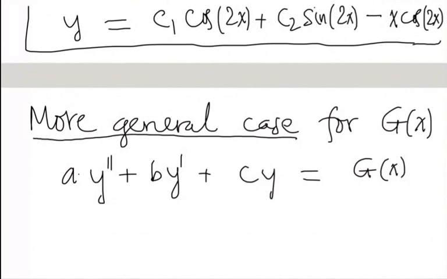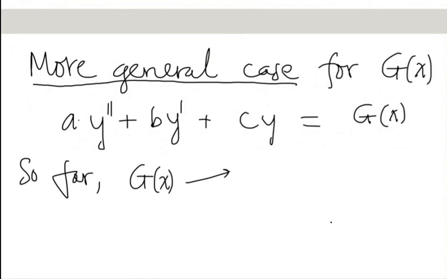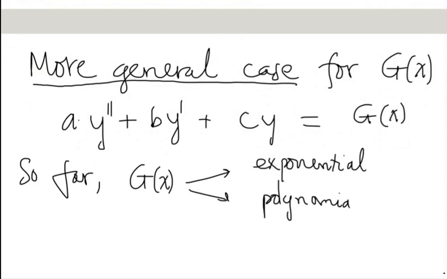Now so far, we have seen g of x is either a constant multiple of exponential, or polynomial, or trigonometric functions, basically sine or cosine.